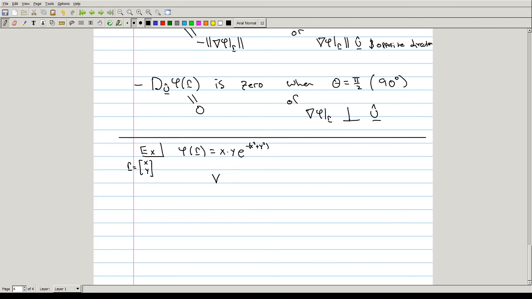The gradient of this function can be readily evaluated by first taking both partial derivatives. The x partial derivative of this function is going to be y times 1 times e to the negative x squared plus y squared, plus x times e to the negative x squared plus y squared times negative 2x.